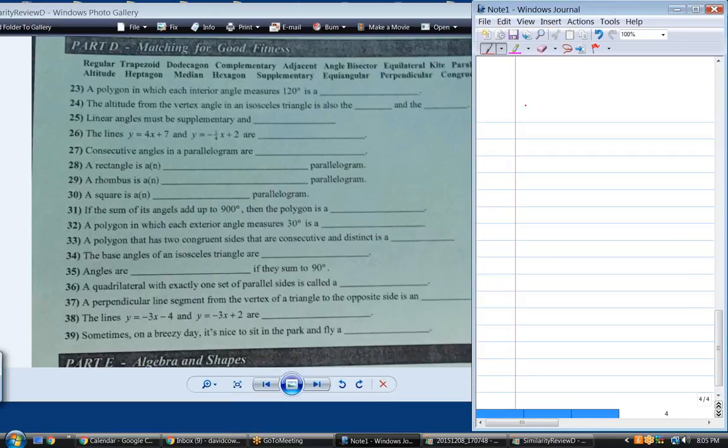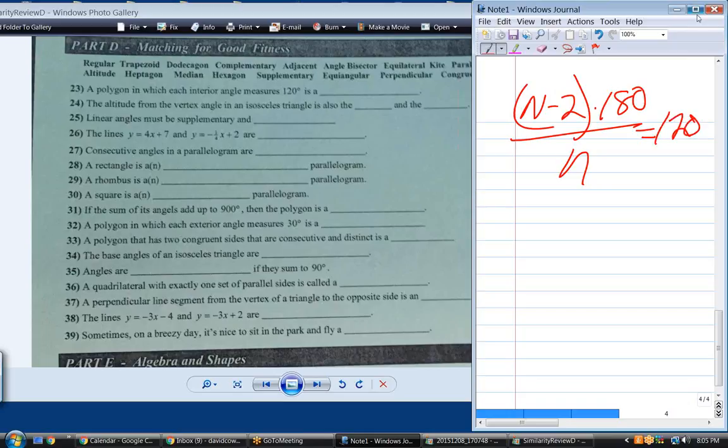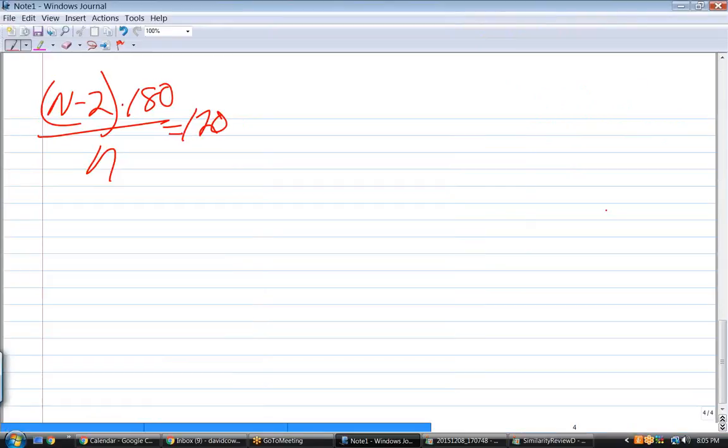Well, remember, what's the equation? N minus 2 times 180 divided by what to get one angle? N. Okay. That's equal to what here? 120. Now we have to solve that equation to figure out what n is.